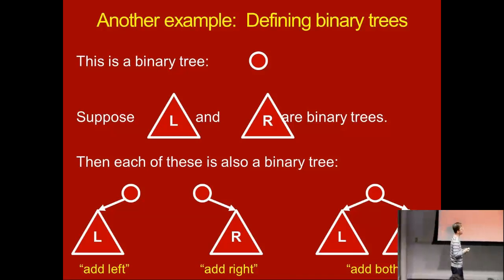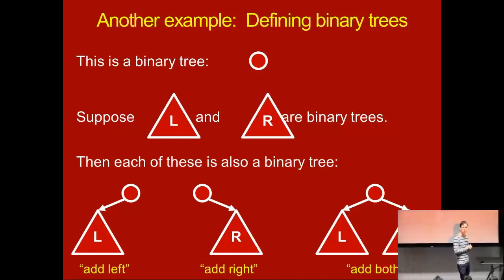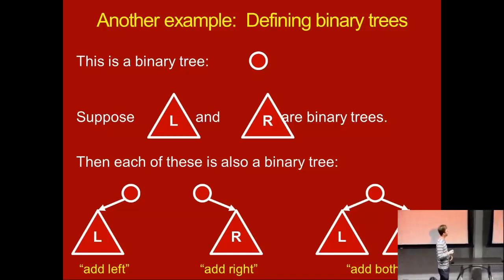And it's a very important object in theoretical computer science, the binary tree. So probably you all know what a binary tree is, but let me give a definition using a deductive system. So I won't actually write it with the initial objects and the deduction rules, but you'll see that it's an example of a deductive system. So I start by saying this is a binary tree, one with one node, one vertex.